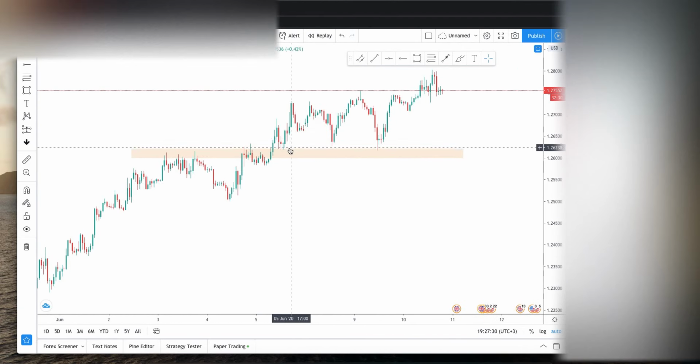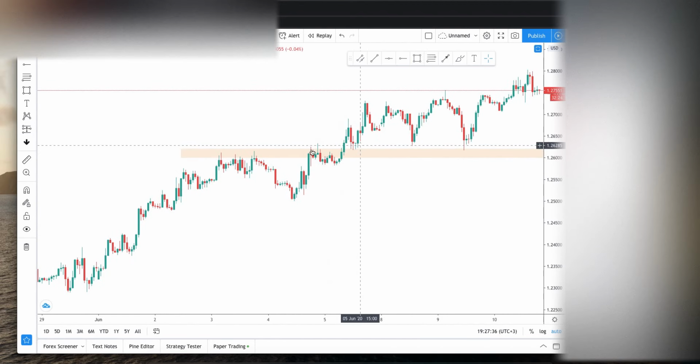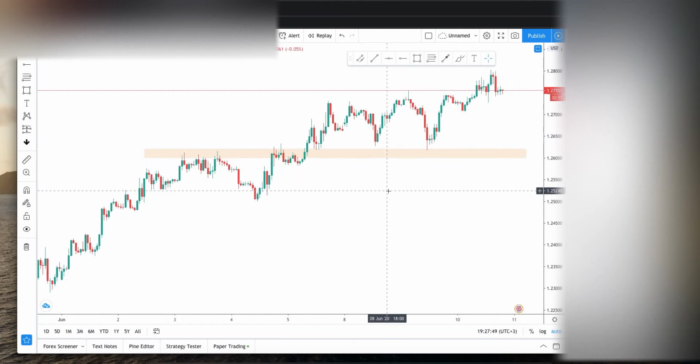So whenever you see the break of a resistance, now it's going to be acting as a support. So that's a break and retest of a horizontal structure. The resistance got broken and got retested over here.